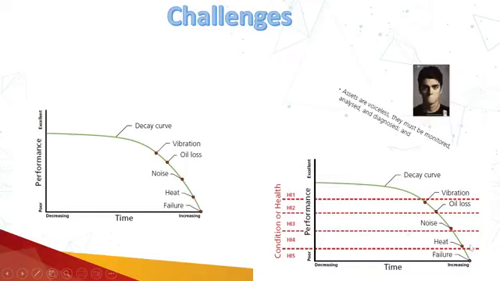Before reaching this point, there are a number of indications. For example, in your car, you start to hear a bearing sound. That indicates that the bearing has started to deteriorate, or some failure has started to happen in your bearings.